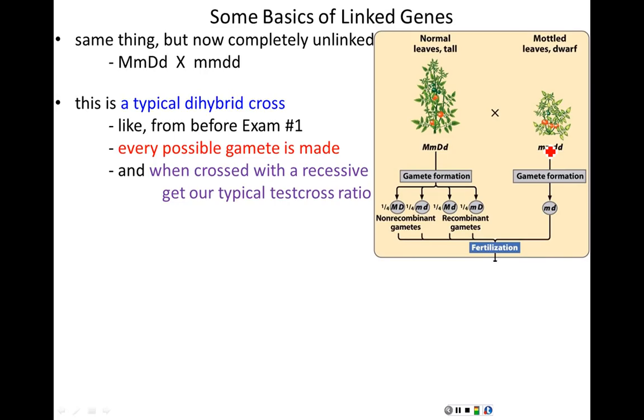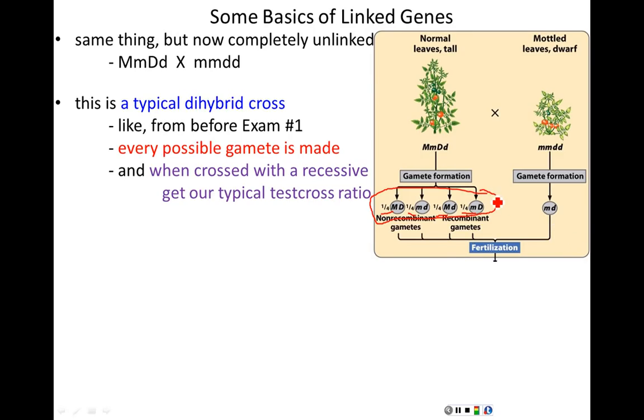We can have dominant M with dominant D, recessive M with recessive D, dominant M with recessive D, recessive M with dominant D, all shown here. Not only do we get them all, we get them all in equal proportions. When we cross this with the recessive in our testcross, the recessive really doesn't contribute much because it's nothing but recessive alleles.